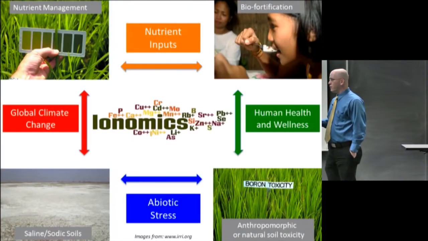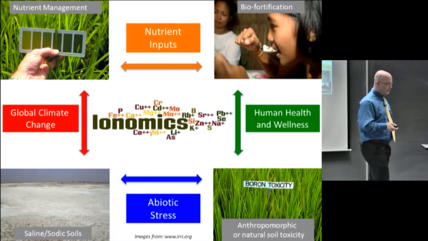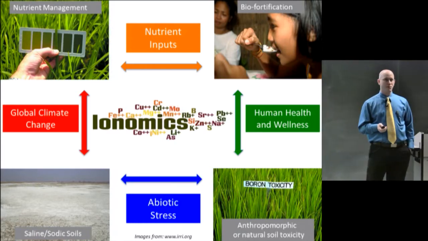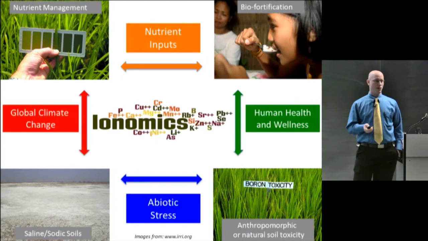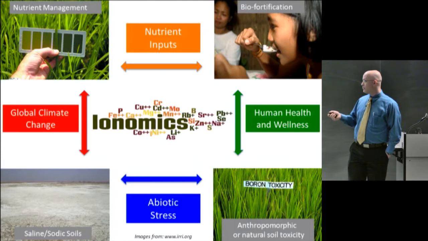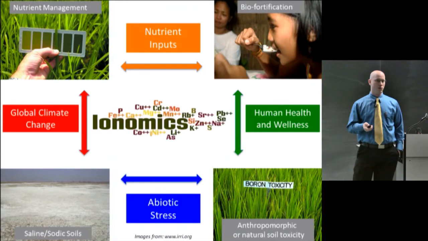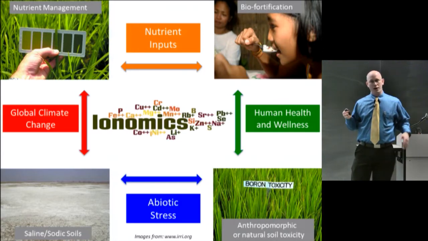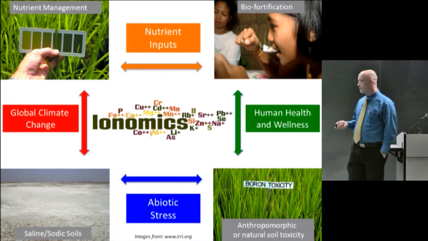This is what we call Ionomics, and we'll define it a little bit further. I really enjoy studying this phenotype because it has wide-ranging implications across a diversity of the human condition. Everything from nutrient inputs, both on the terms of the plant and on the terms of the human, global climate change, human health and wellness, and abiotic stress tolerance. These are not minor global challenges, and Ionomics as a phenotype interfaces with each one of them in different ways.